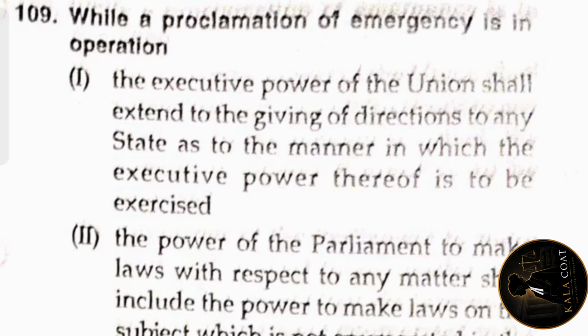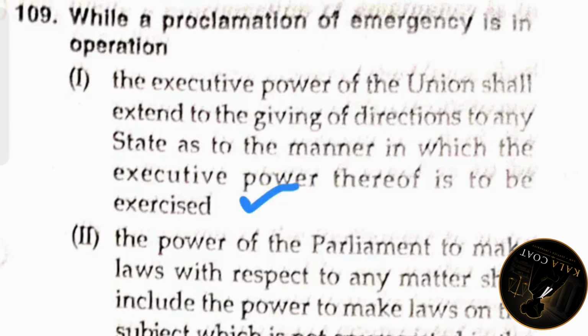Question number 109. While a proclamation of emergency is in operation, the executive power of the Union shall extend to the giving of directions to any state as to the manner in which the executive power thereof is to be exercised. This is correct.